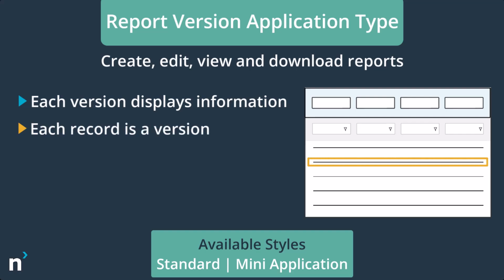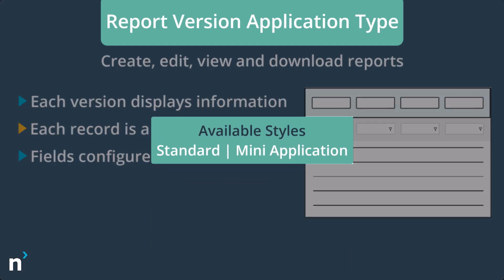Each record in the report version application represents a version of the report, with the fields in the record configuring the criteria of that particular version. For example, you could keep track of time or expense submissions by manager for each of their direct reports for a given time period or project. This application type has two available styles: standard or mini application.